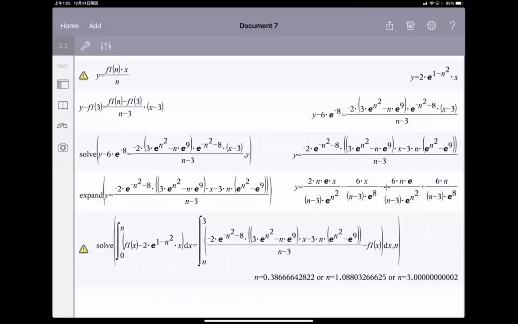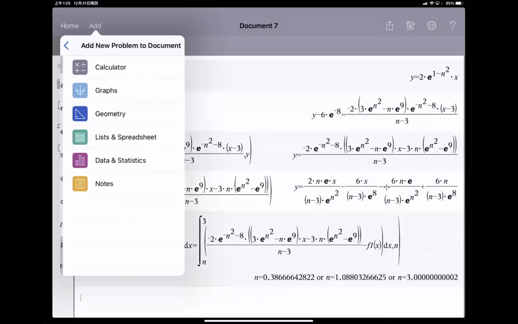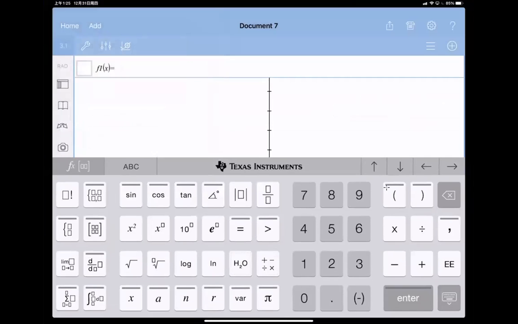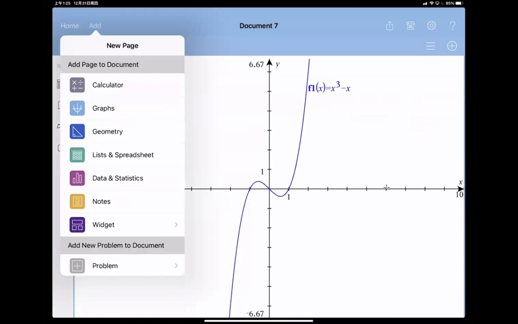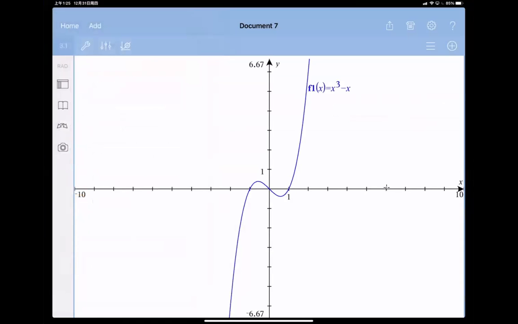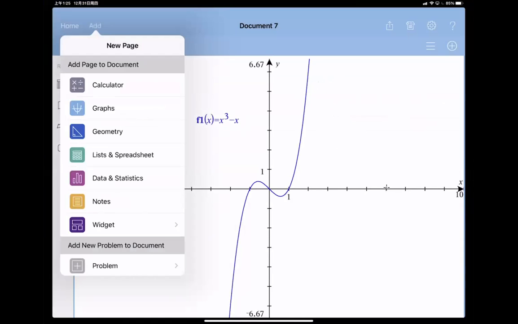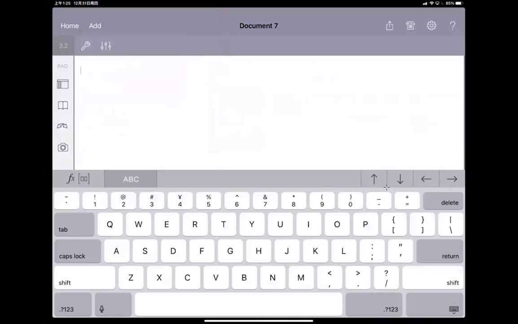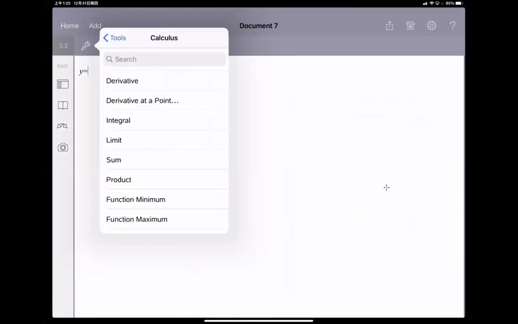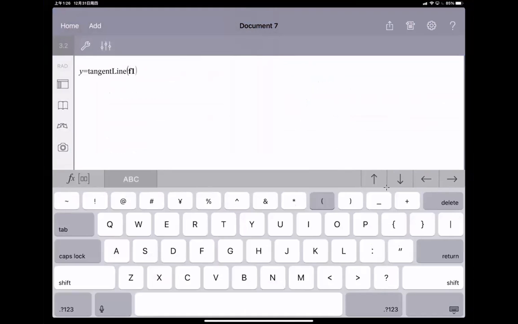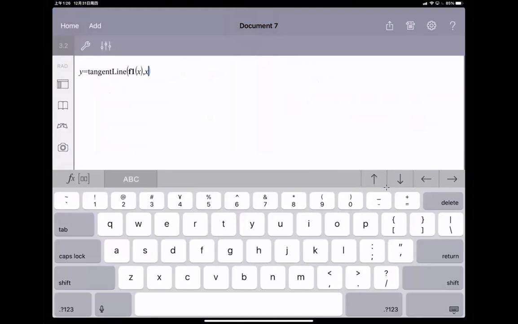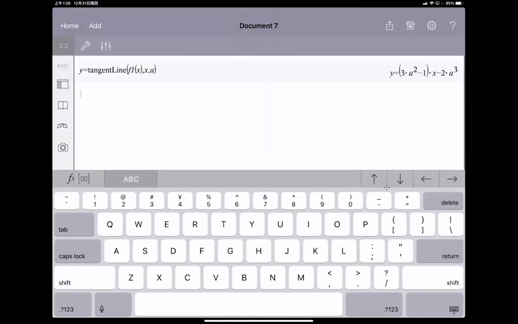Here I will highlight my use of the CAS calculator in the last question. Create a new problem. X to the power of 3 minus x. And again, we are using f1 of x to represent f. Add a calculator. Type in y equals, menu, 4, 9, calculus, tangent line, and f1 of x, comma, at x equals a.